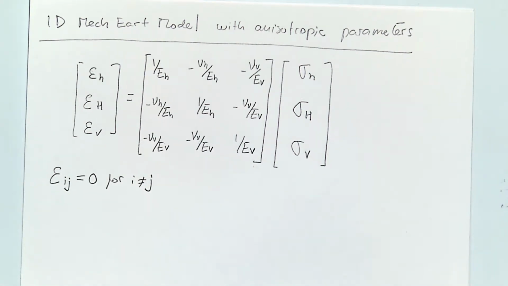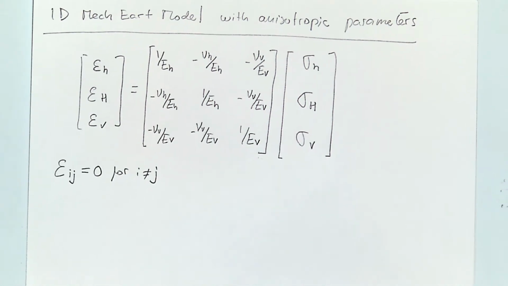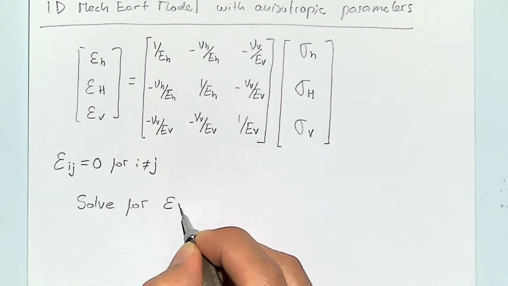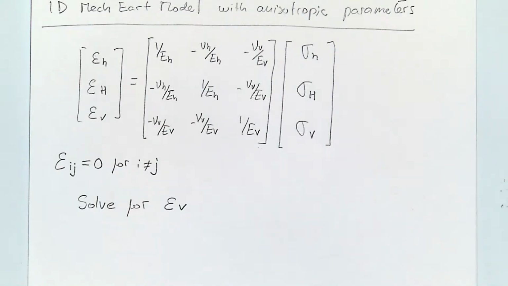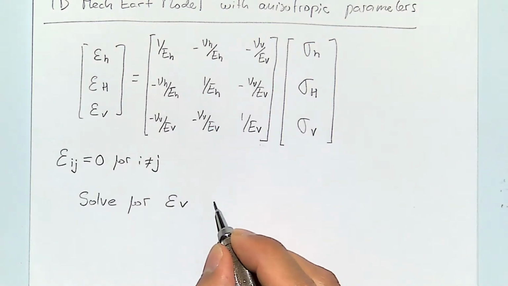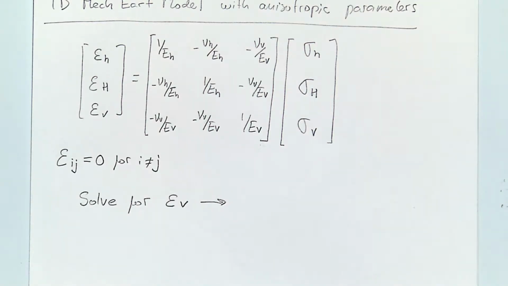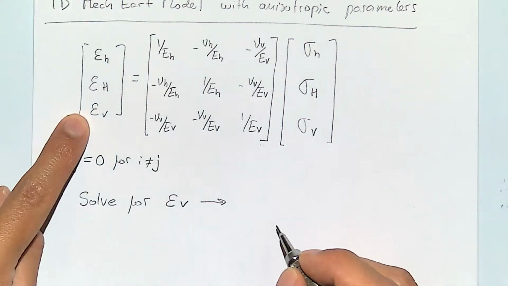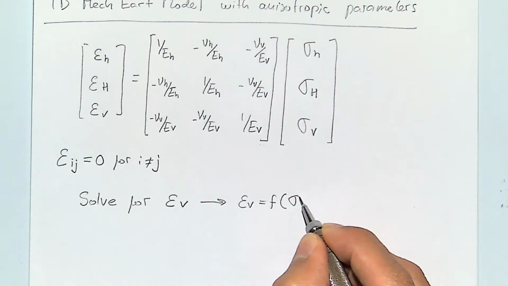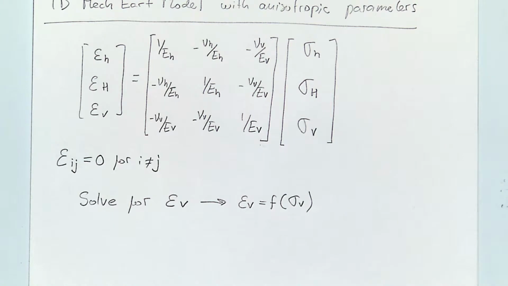The next step is going to be to solve for the vertical strain. That's the same thing that we did before for the isotropic case. And then what we want to do is, instead of using a vertical strain in the equation, since we don't know that, we want to replace it as a function of the vertical stress, because that's something that we know.